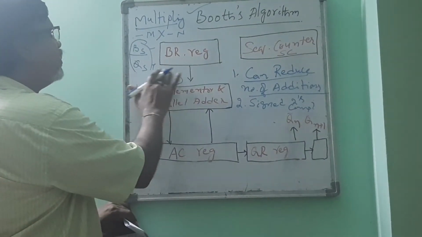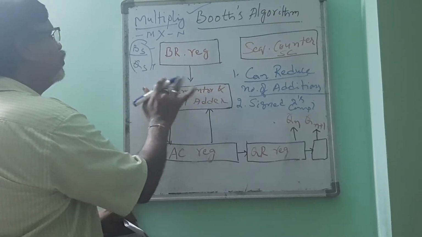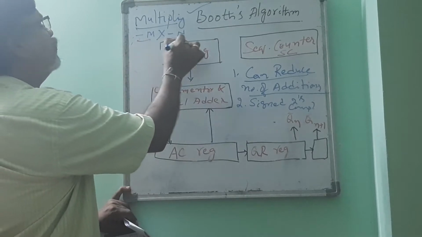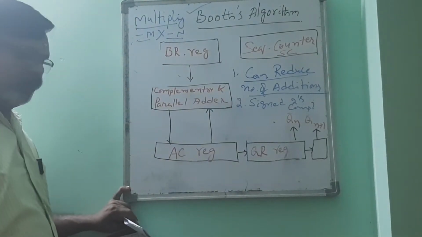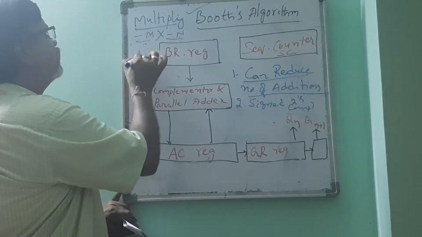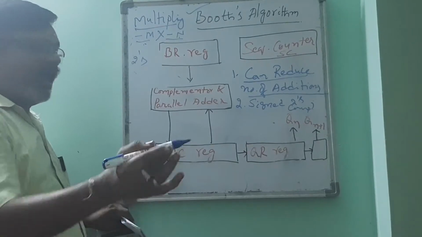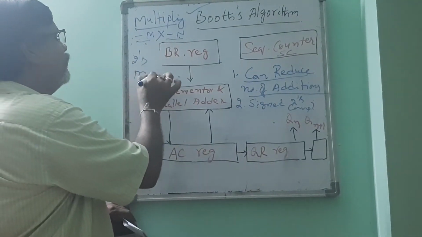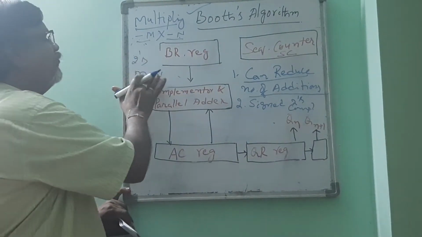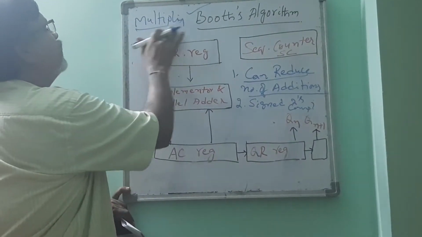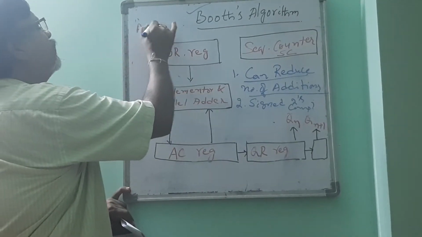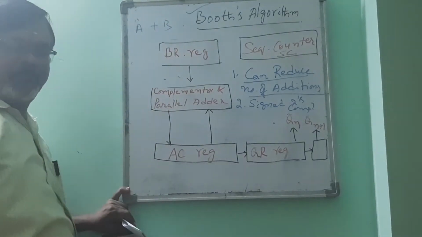But in Booth's algorithm, we are not going to perform this XOR operation. Whatever negative number is there, we convert these numbers into 2's complement numbers, and simply perform m into n multiplication. To explain this differently using addition and subtraction, for example a plus b, we simply perform the addition.